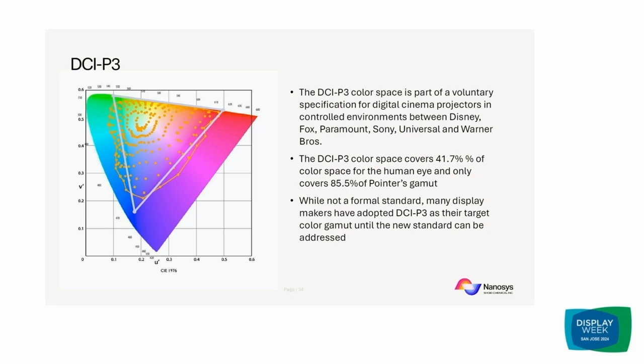If you compare it to older color standards, it covers nearly 85% of Pointer's gamut, so this covers most of the real-world colors that are out there. And until there is a formal industry standard, many in cinema have adopted this as their current target color gamut. So you'll see a lot of displays reference what percentage of this particular color space that they're capable of reproducing.